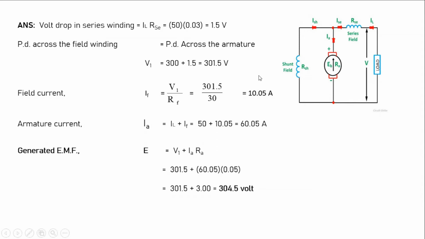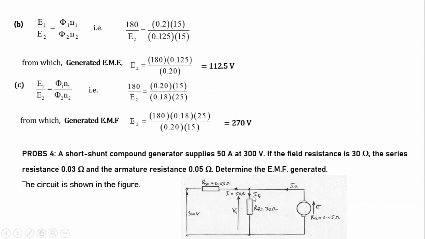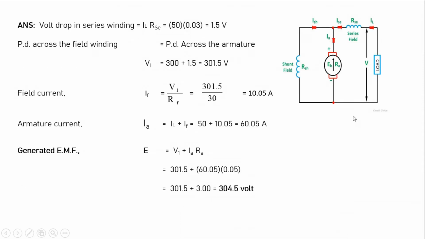Now once we have found that the total voltage is 301.5 volts, the field current IF is equal to V1 by RF. This 301.5 volts is coming across the armature, and also across the shunt field resistance.